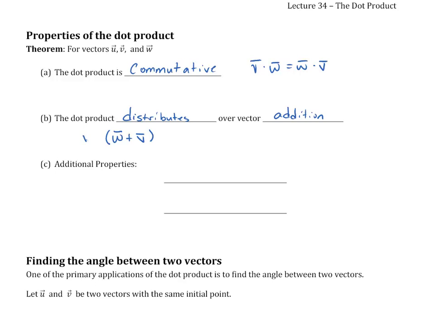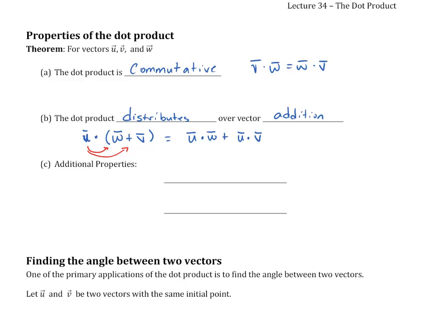Let's take that and take the vector u and dot with that sum. Since this is like multiplication, we would expect it to distribute the way that multiplication does. Even though it's a completely different kind of multiplication, you end up with something that does distribute: u dot w plus u dot v. That is in fact true for all vectors.